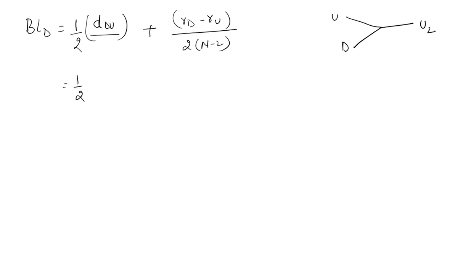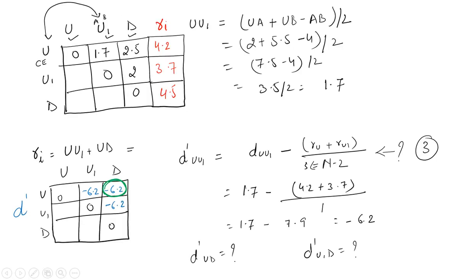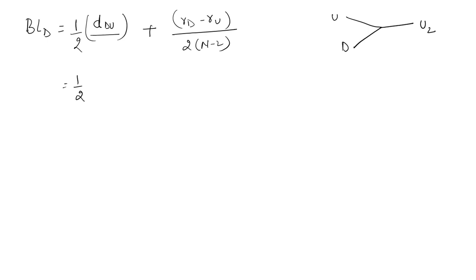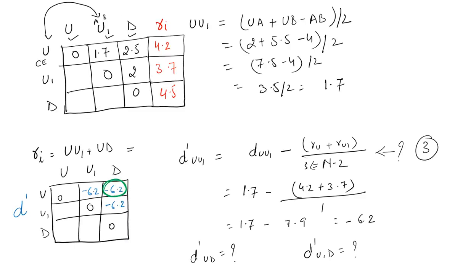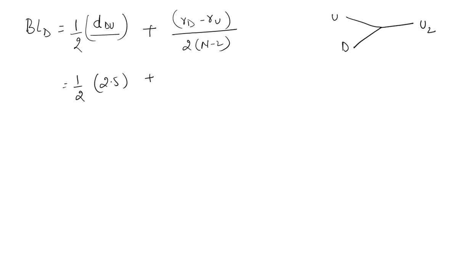So 1 by 2 d du, which is 2.5, plus rd. What is rd? rd is 4.5, minus ru, ru is 4.2, divided by 2 times n minus 2. The n value is 3, so 3 minus 2.